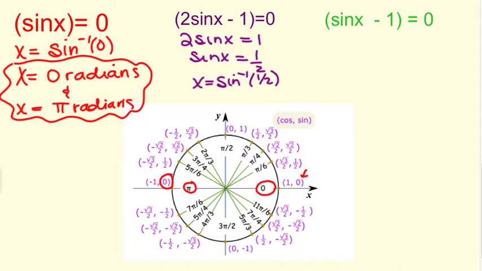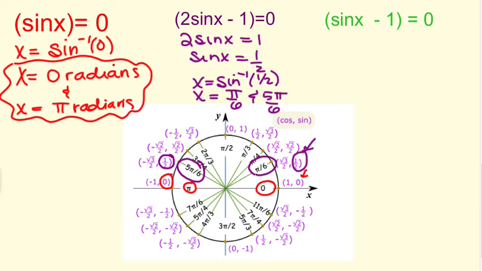So we look at our unit circle. We're looking at the y values. Here's a y value of 1/2, so that angle is pi over 6. Or see if you can find the other one. Here's your other one, over here, of 5 pi over 6. We have two answers, pi over 6 and 5 pi over 6.